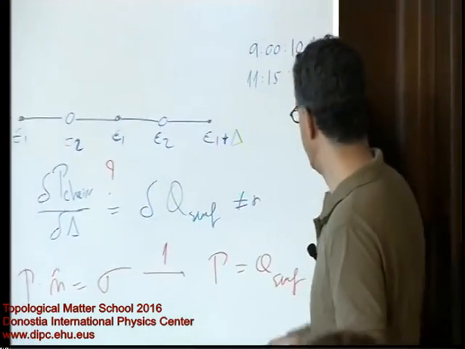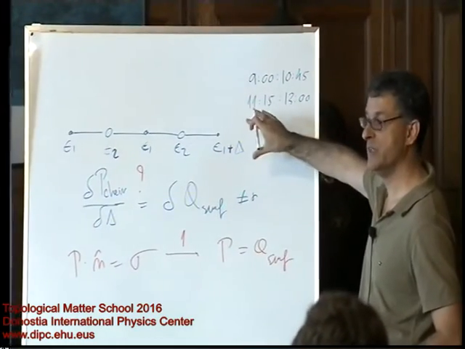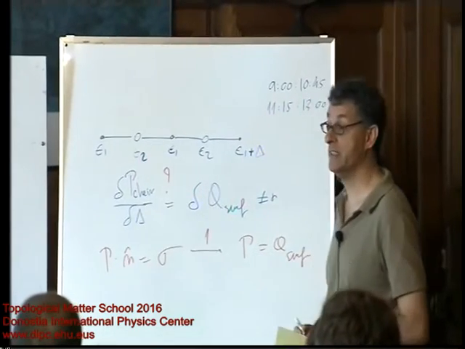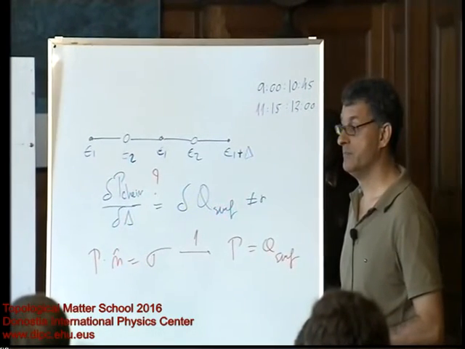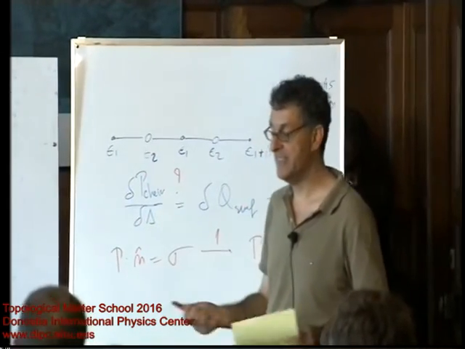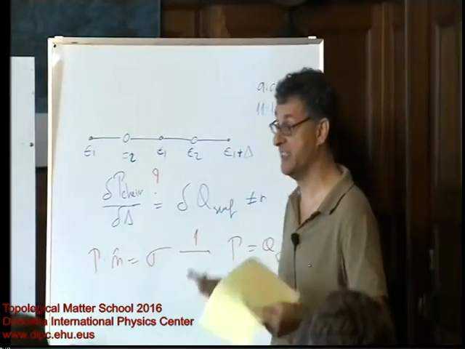Okay? So if you're able to change continuously the charge at the surface by playing with the surface preparation, that means you're changing the polarization. But then the polarization is sensitive to the surface, so it's not a bulk property, which by definition is a property which is not sensitive to the surface.